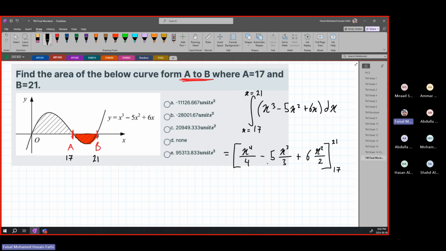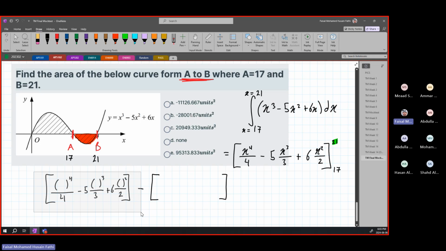Then what are you going to do? You're going to separate them into two pieces with the minus in between them. What do we put? The first one, we're going to put the higher range. The first one is going to have our 21 in it. So it's going to be the same equation that we got: x to the power 4 over 4 minus 5x to the power 3 over 3 plus 6x squared over 2.